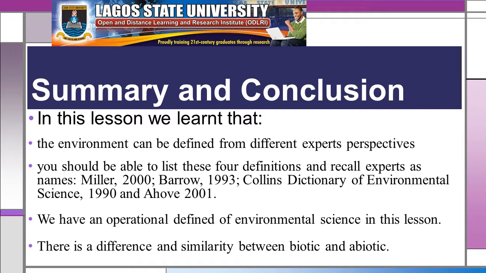And then finally, we looked very importantly from the question raised by Peter on the difference and similarity between biotic and abiotic. Biotic is the living, abiotic is the non-living. That is a difference. But the similarity is that biotic and abiotic are external conditions that influence the environment of an organism. Very good, very good.